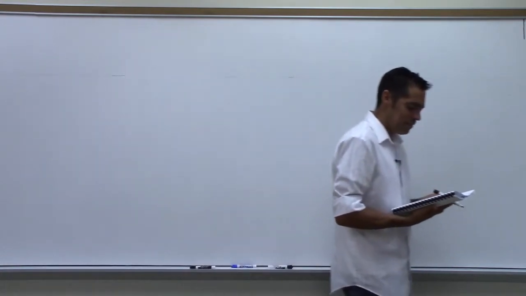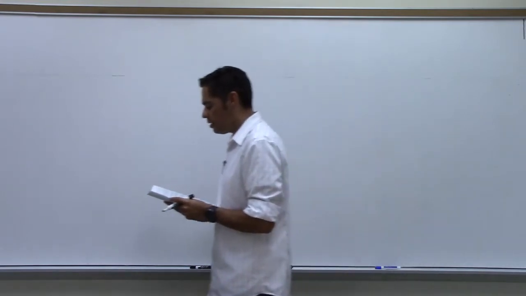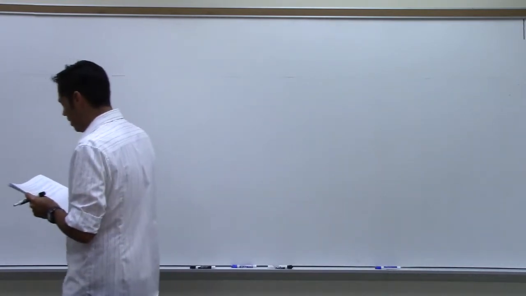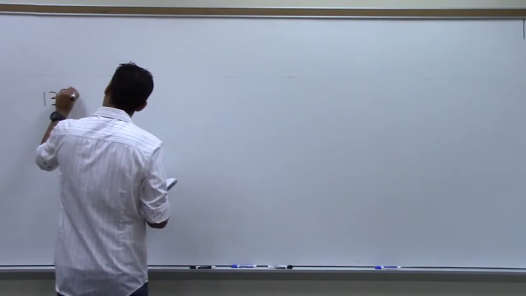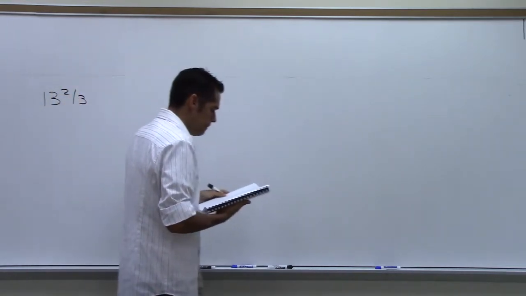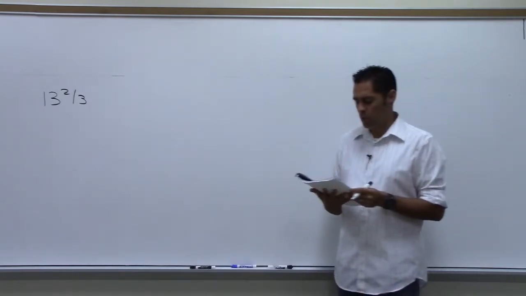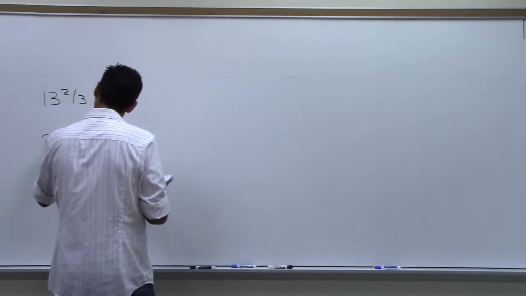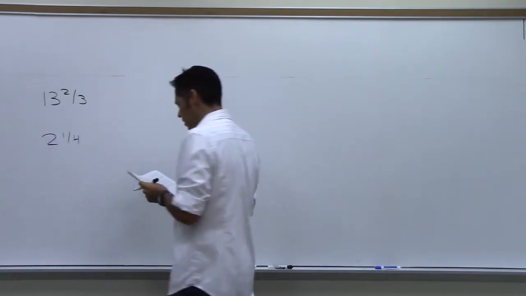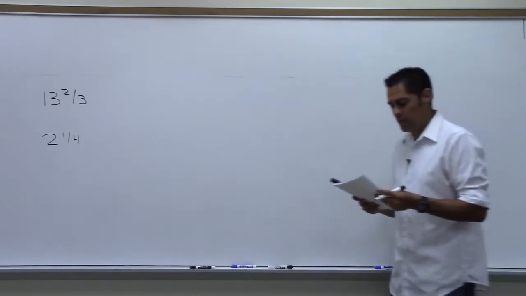In the blender, Sheila knew that she had put 13 2/3 ounces of ingredients she had mixed together. So I'm just going to write that number down. 13 2/3. After she was finished, she poured the mix into 2 1/4 ounce cupcake tins. How many of these cupcakes would one batch of this mix make?